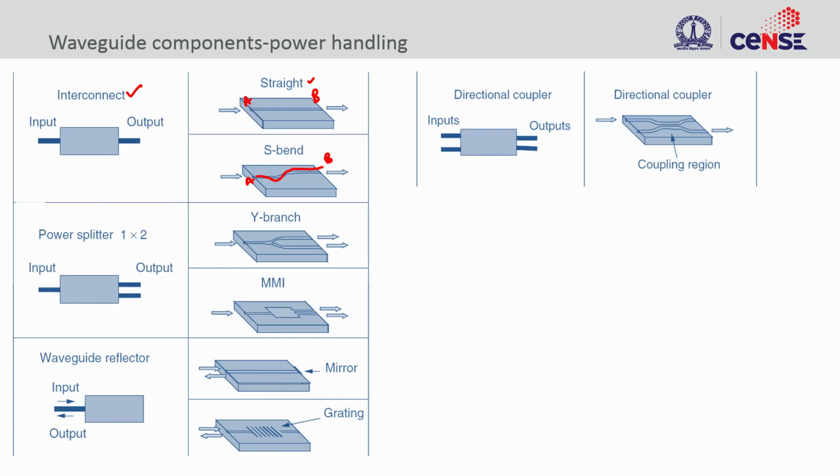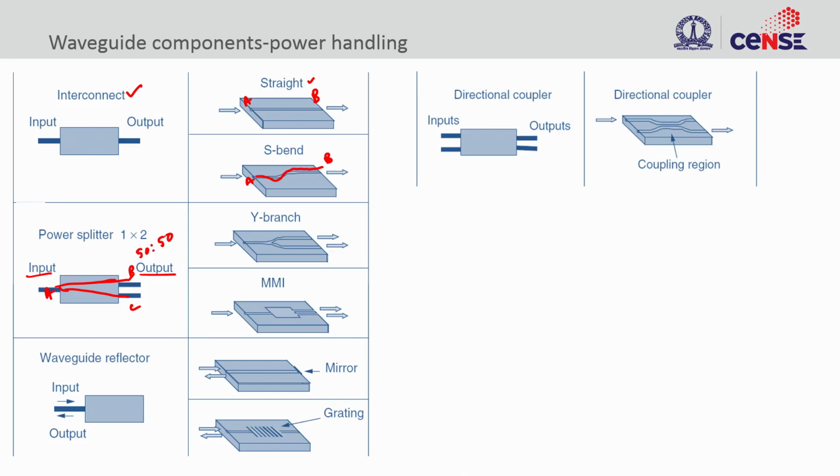Right. The next thing is I want to send a signal to two different places. So I have one input and two outputs. I want to split the light now, from point A to point B and also from point A to point C. And not just that, I want to put a condition that I want to split this in equal ratio, 50-50, right.